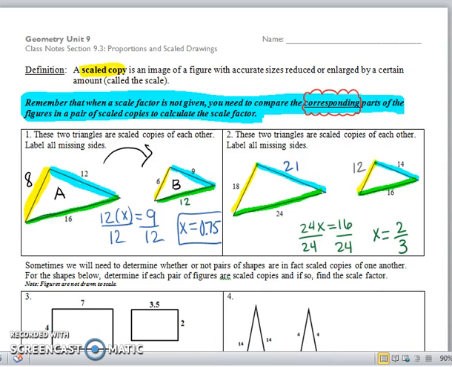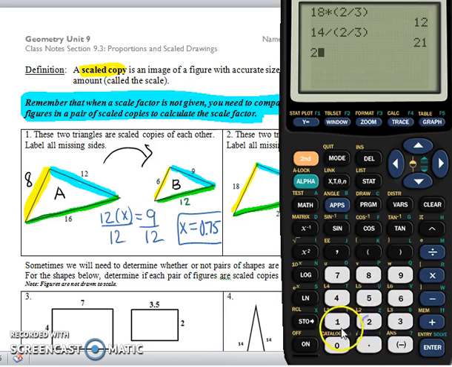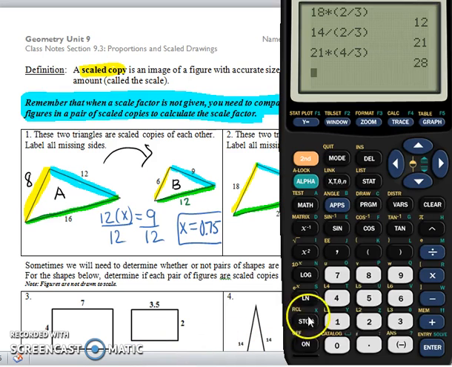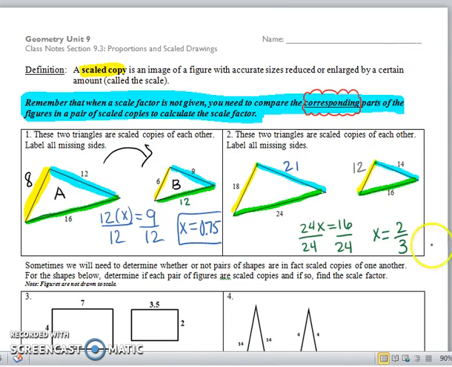And again, just to double check, if I take 21 and multiply that by, I'm sorry, not 4/3, take 21 and multiply that by 2/3, I should get the resulting side on the smaller triangle, which is 14, and I did.